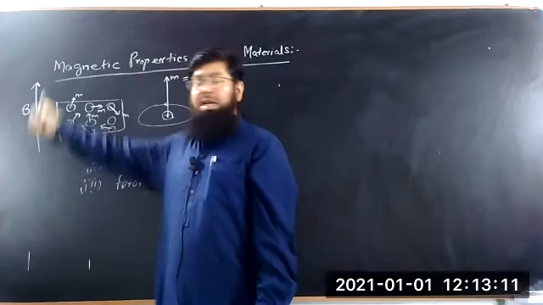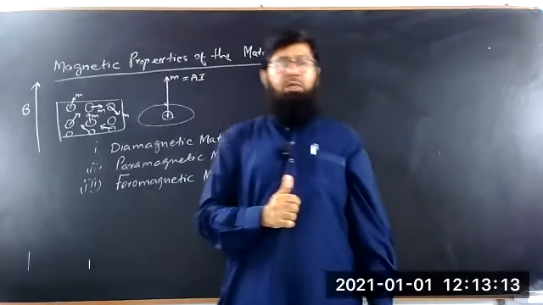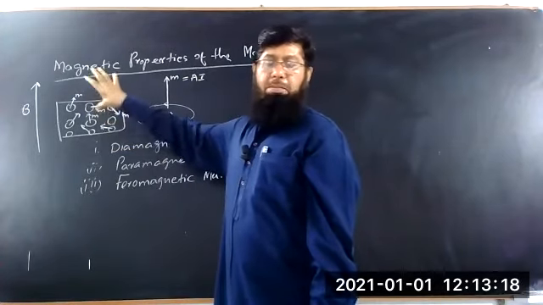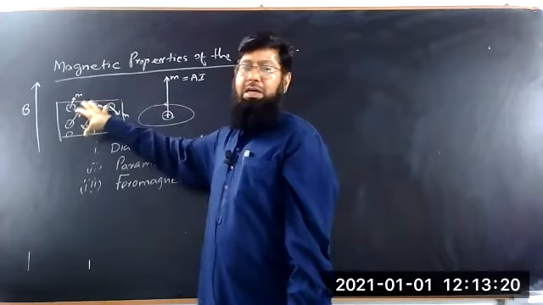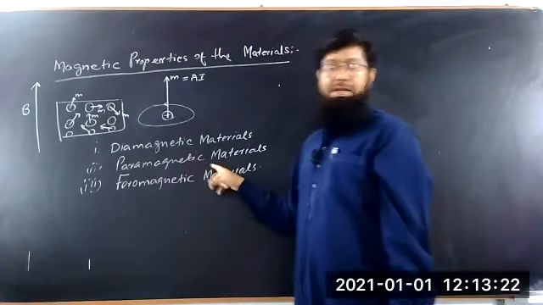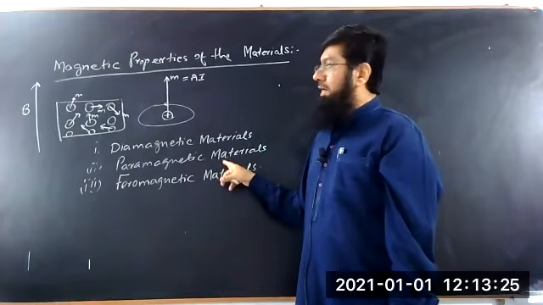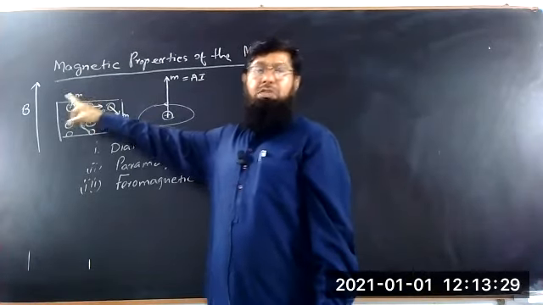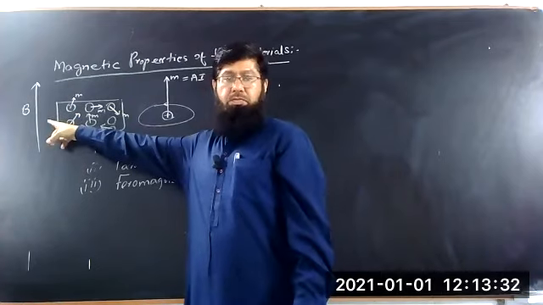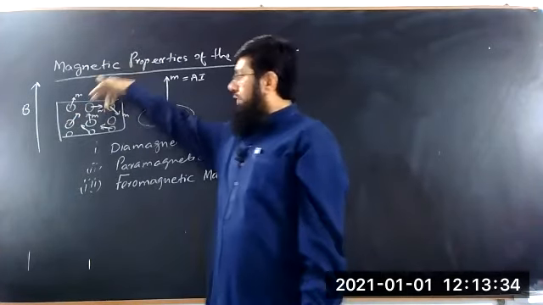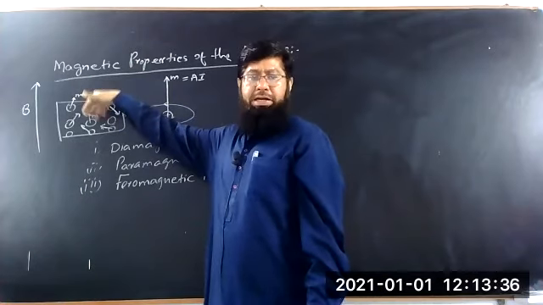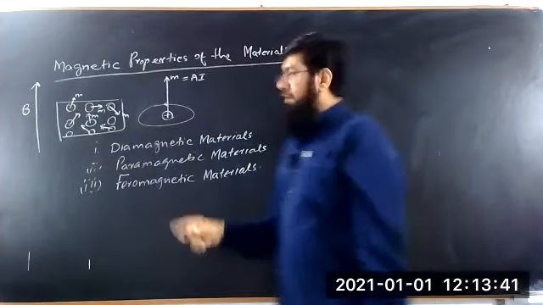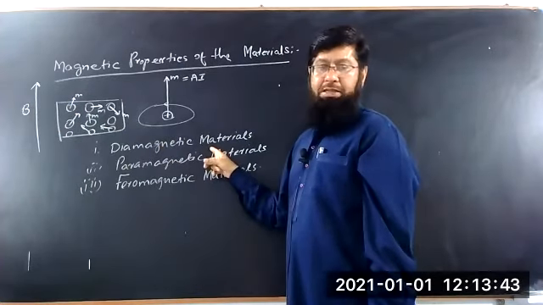If they are aligned in the direction of the magnetic field, this material becomes magnetized. Now, the material in which the magnetic field of the magnetic dipole moment is along the direction of the external magnetic field is known as a paramagnetic material. But if the magnetic field of the magnetic dipole moment is opposite to the external magnetic field, then that material is known as a diamagnetic material.